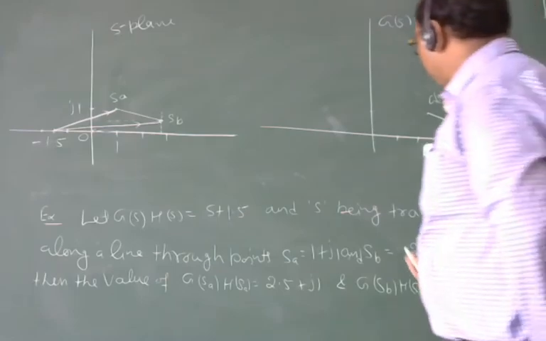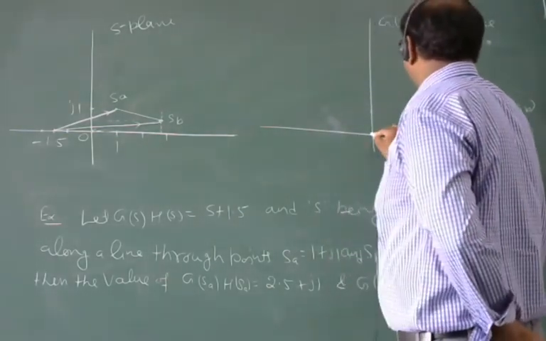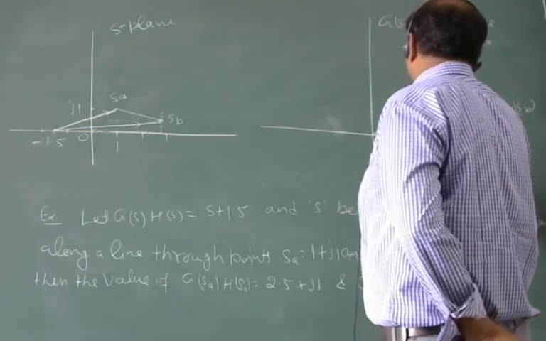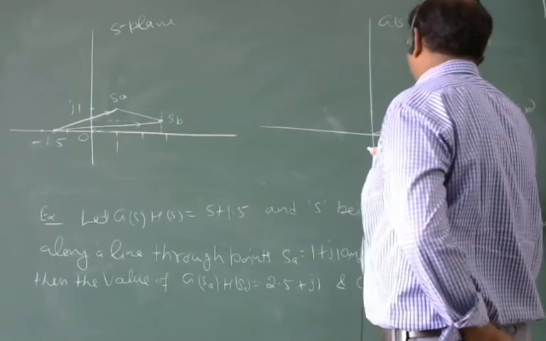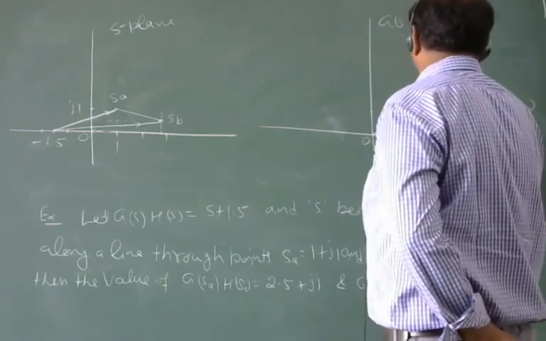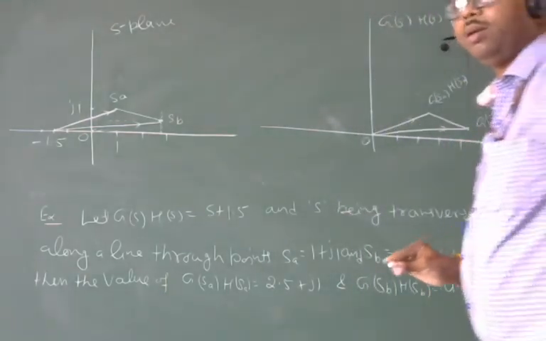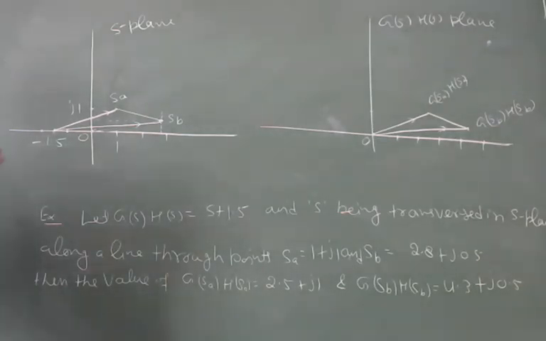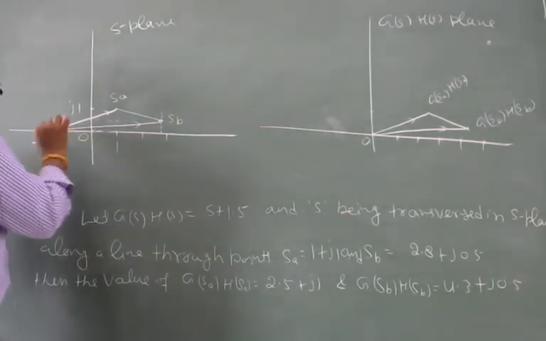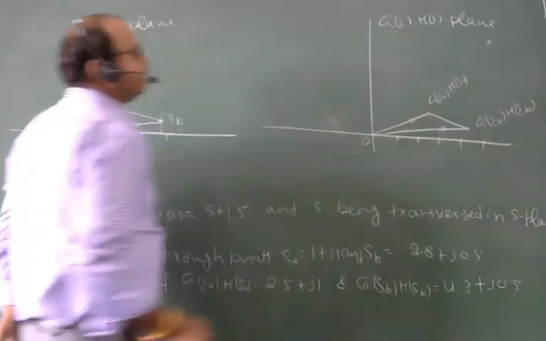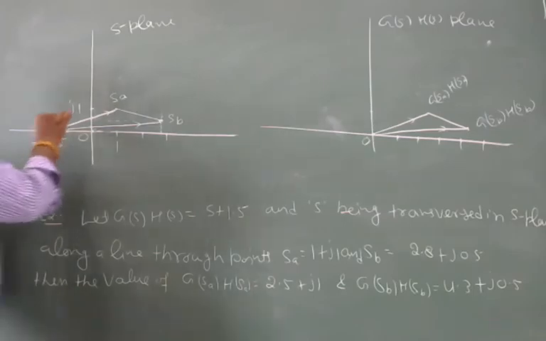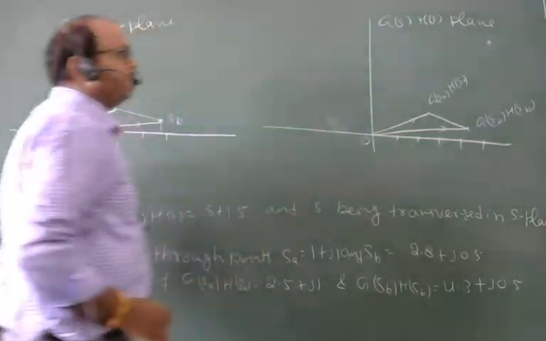And now the origin will be at 0. It means what we did was just replace this 0 with this 0 in the GSHS plane.